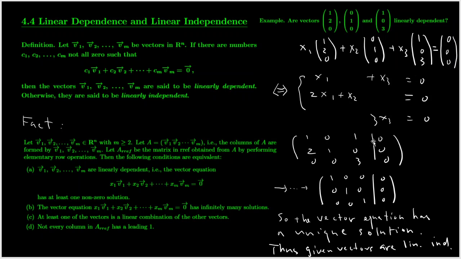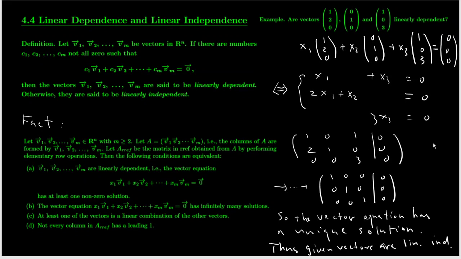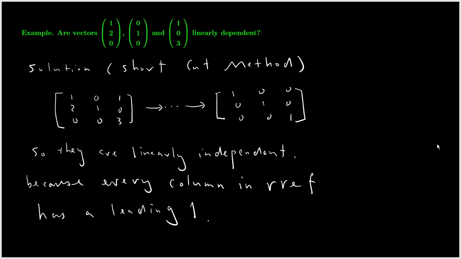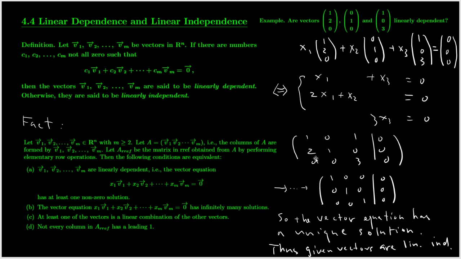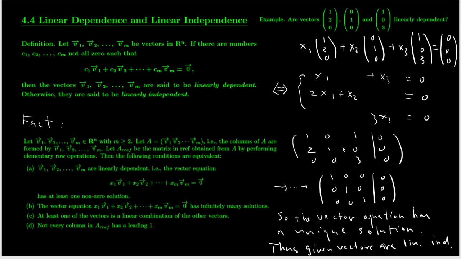To the left of the bar, you have exactly the matrix formed by the components of the vectors. 1, 1, 2, 0 is the first column, 0, 1, 0 the second column, 1, 0, 3 the third column, right?